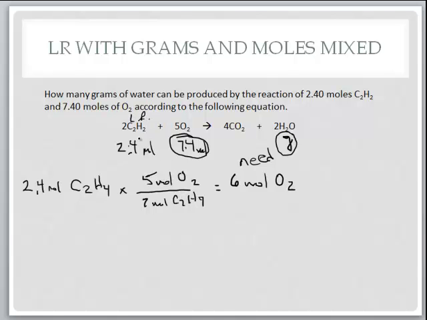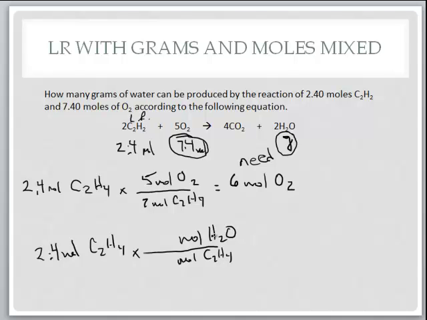So now I'm going to take my limiting reagent, the 2.4 moles of C2H4, and I'm going to calculate grams of H2O. So doing the dimensional analysis, we're going to go from here to here. We use the mole ratio, so moles C2H4 to moles of water, 2 and 2, again, from the balanced chemical equation. That means my moles cancel.